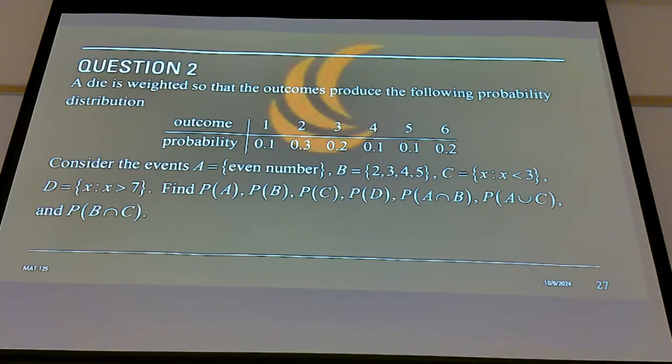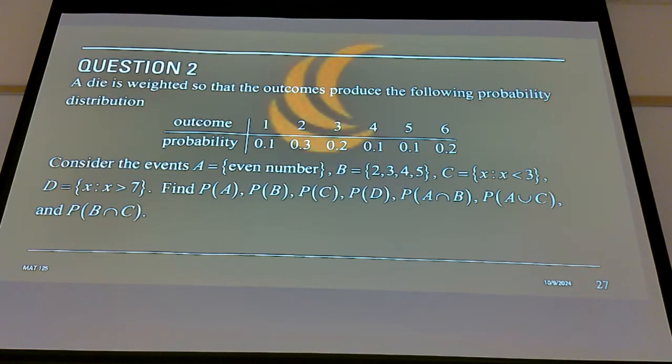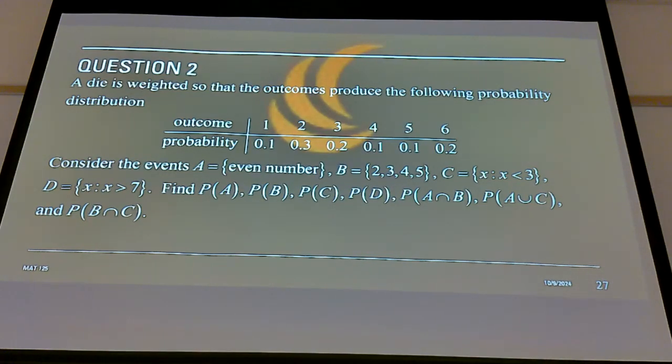B is 2, 3, 4, 5. C is less than 3. And D is greater than 7. We want to find 7 probabilities using this probability distribution.